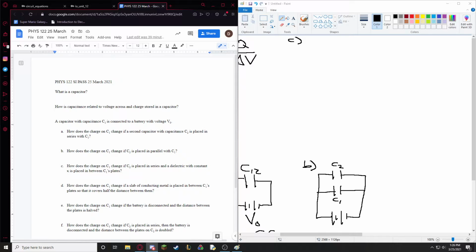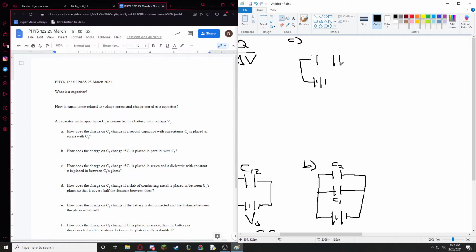Let's go ahead and hop into part C here. So we want to know, how does the charge on C1 change if C2 is going to be placed in series and a dielectric with constant kappa is placed in between C1's plates? So essentially, we have our battery.